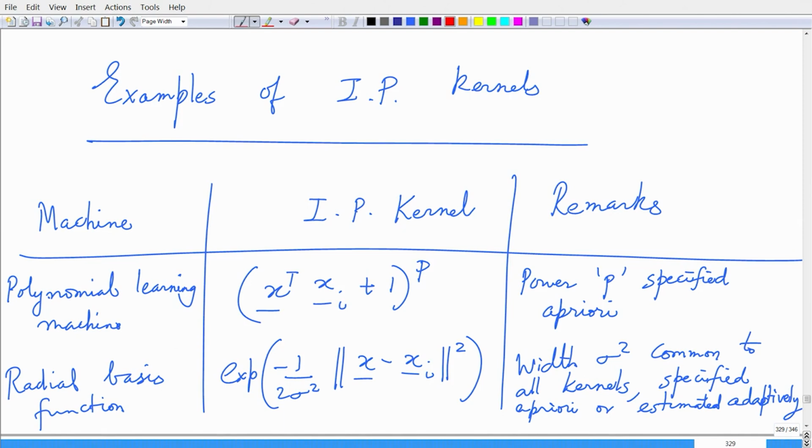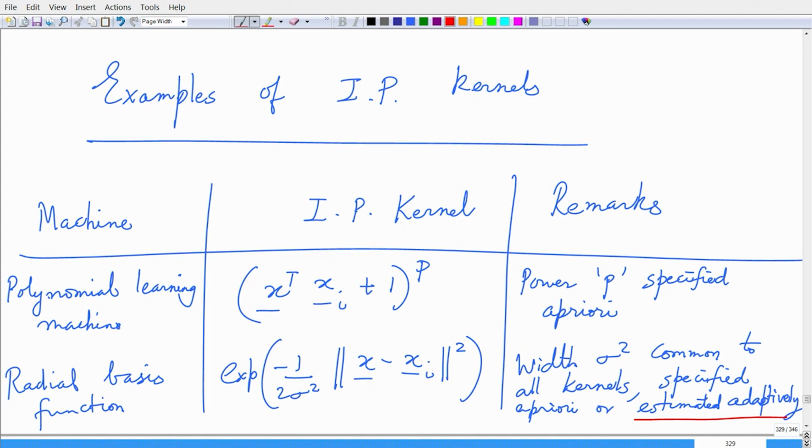As we discussed during the RBF network design, sigma square can be common to all kernels, and this could be specified a priori, or we can estimate it adaptively. This is a more preferred method, that we estimate sigma square adaptively and then fold this within the RBF. So, this is also a possible inner product kernel.